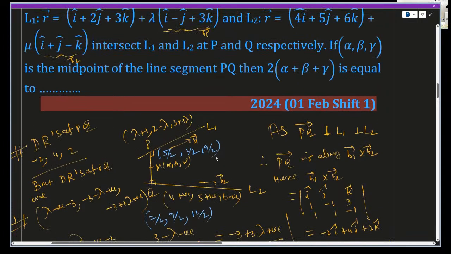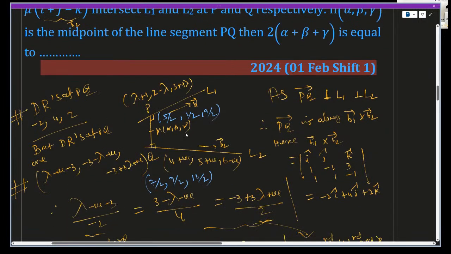Understood? Now the requirement is to get the values of alpha, beta, gamma. Everyone can find them. It is the midpoint, so the midpoint of these two: 7 by 2 plus 5 by 2, divided by 2, is 12 by 4, which is 3.